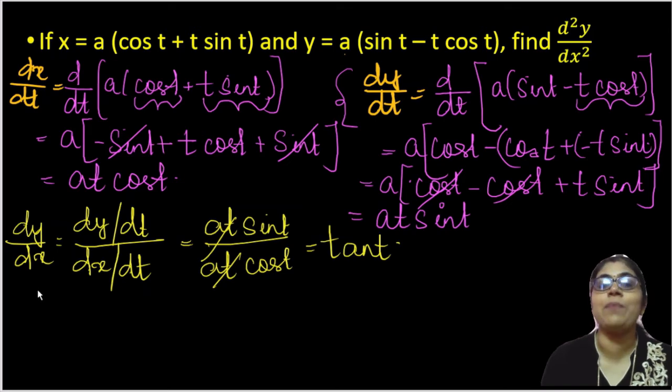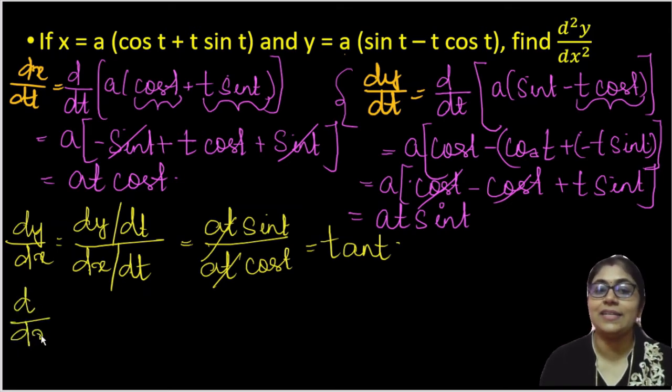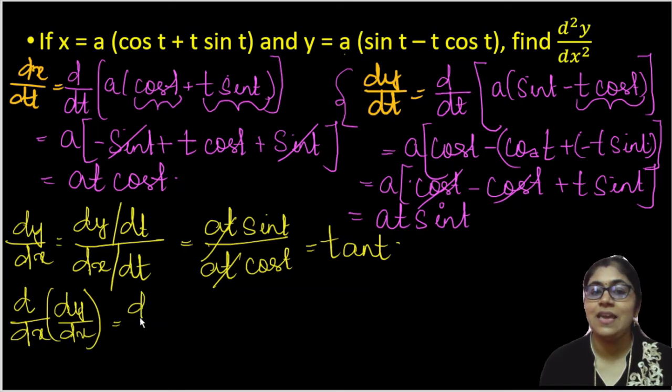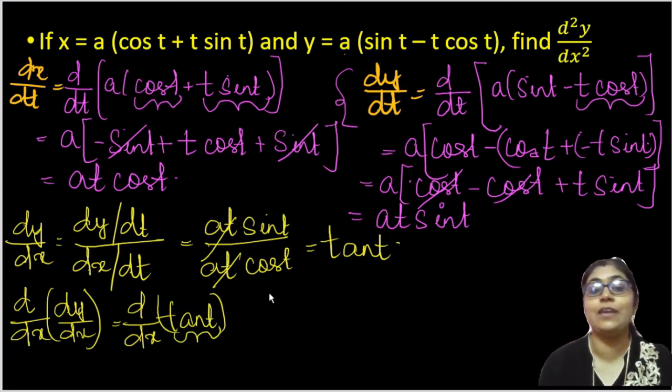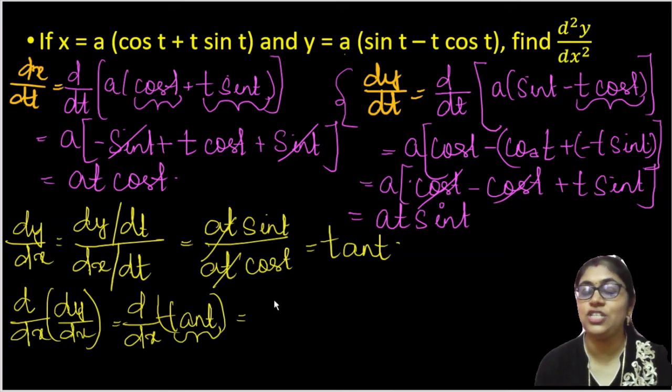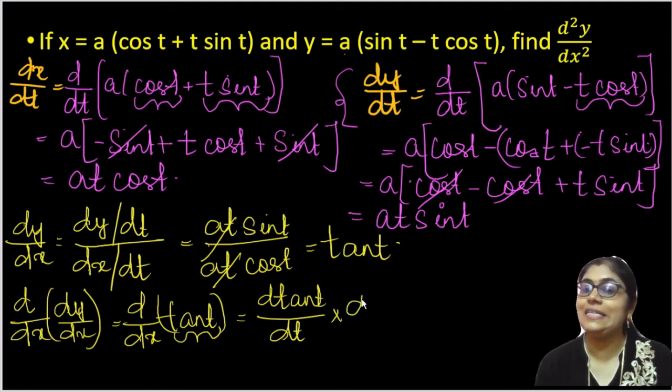So d square y by dx square is equal to d by dx of dy by dx. So this is d by dx of tan t, and it is a function of t. So we have to differentiate tan t with respect to t, into dt by dx.